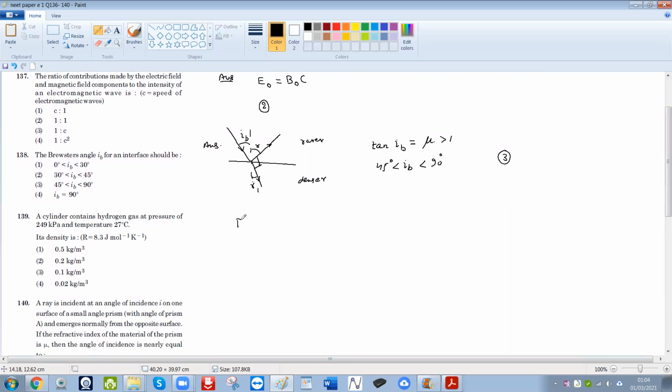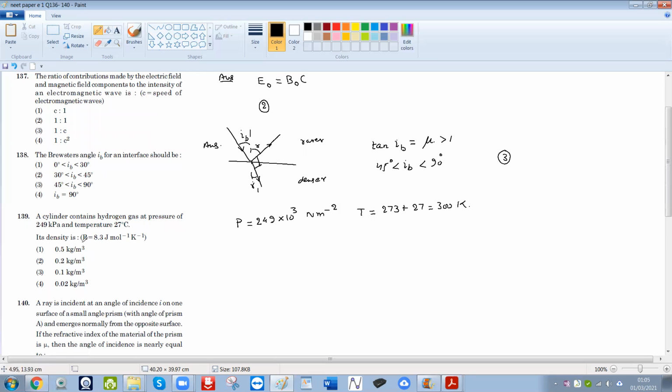So pressure of the gas in the cylinder is 249 kilopascal. So these many newtons per meter square. Temperature, we convert it to absolute temperature. So this becomes 300 Kelvin.